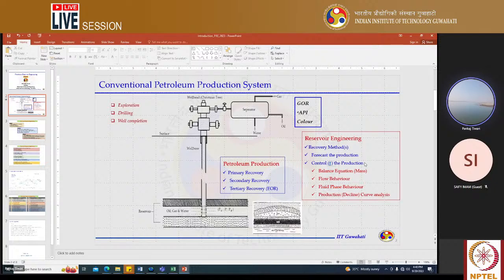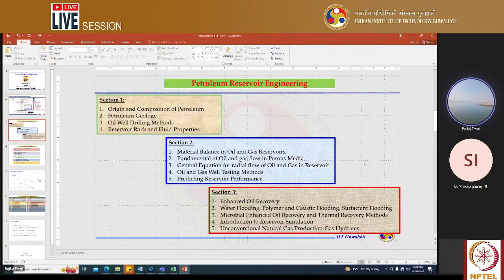Briefly, I mentioned the syllabus, and that syllabus was classified into 3 parts: section 1, section 2, and section 3. In section 1, we mostly discussed the origin and composition of petroleum, petroleum geology, and drilling methods, how to reach that petroleum substance underneath the surface at very large depth, several hundred meters, or I would say several 1,000 feet depth.